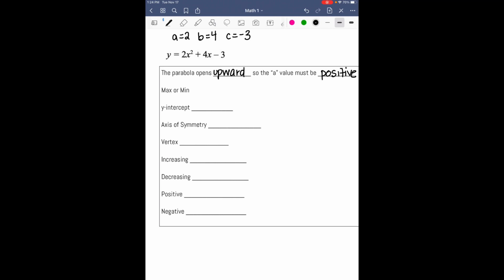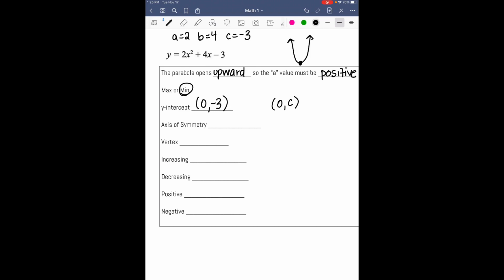All right, and since it's opening upward, I kind of like to do a little graph myself. I can see that I'm going to have a minimum here because it's opening upward. My y-intercept, remember, is my c value, so that's going to be (0, -3).